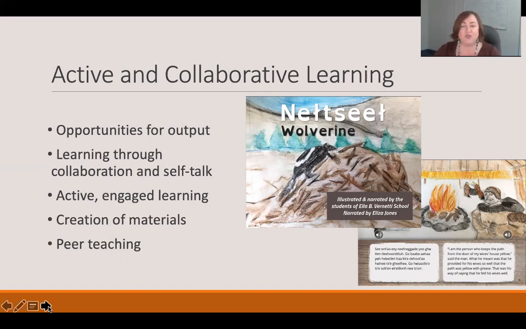All of this helps to reduce what's called the affective filter, or the barrier that we put up when we say language learning is too hard and I just can't get this and this is not for me. But if we're doing something fun instead, and we're having fun with our friends, we're not focusing on the fact that language is hard. We're focusing on the fact that we're having fun and we're getting language through that process.